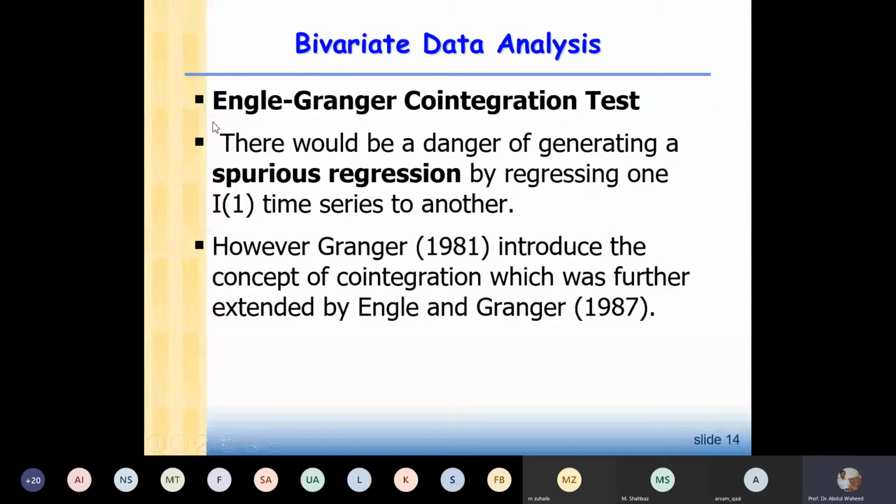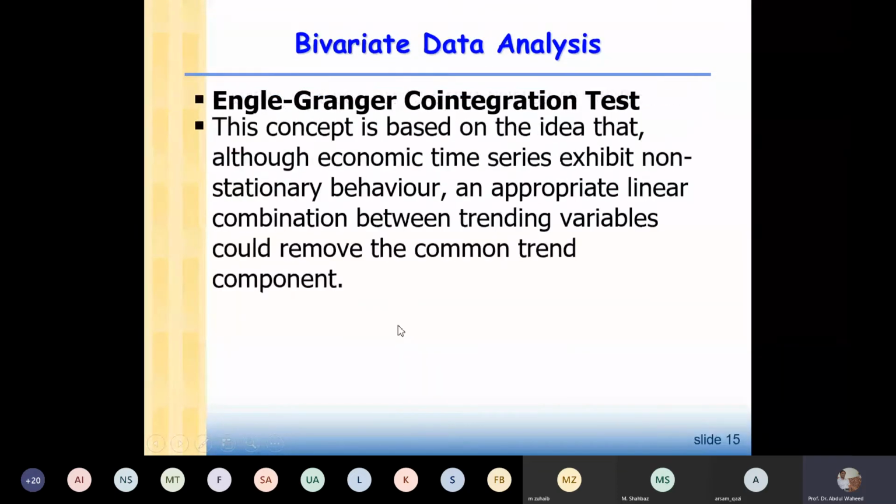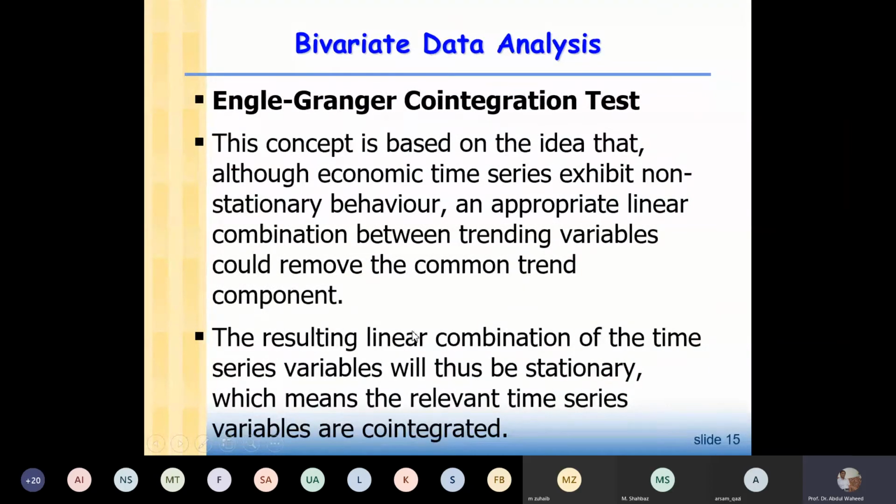Then, as I said, we have to use the Granger cointegration test. I just discussed when the variables are stationary at first difference, we say it is I(1), integrated of order 1. For this type of variable we have to apply the Granger cointegration test. We run the model at level, get the value of the residual, and then check the stationarity of the residual.